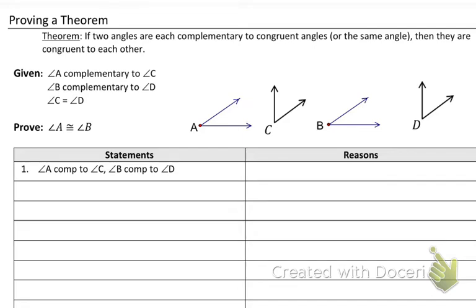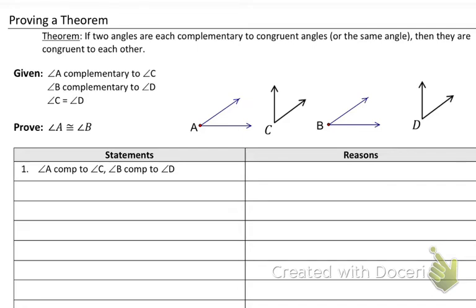I can't say the definition of a table is a table. You have to use other words. So whenever you're proving a theorem, you have to use other postulates and statements or theorems to prove it. You cannot use the original theorem to prove a theorem. That's redundant.